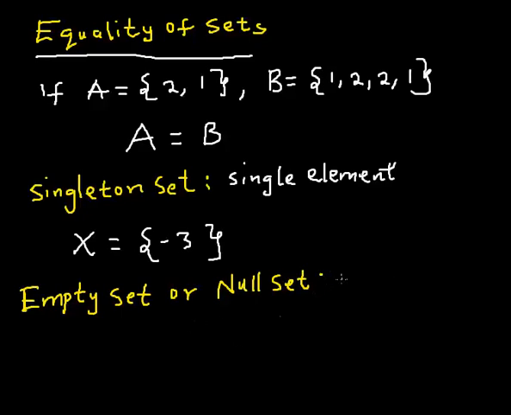The symbol we use for an empty set is either phi or empty braces. So if set A is empty, it doesn't have any element, we use this to represent that. Please take note of that.